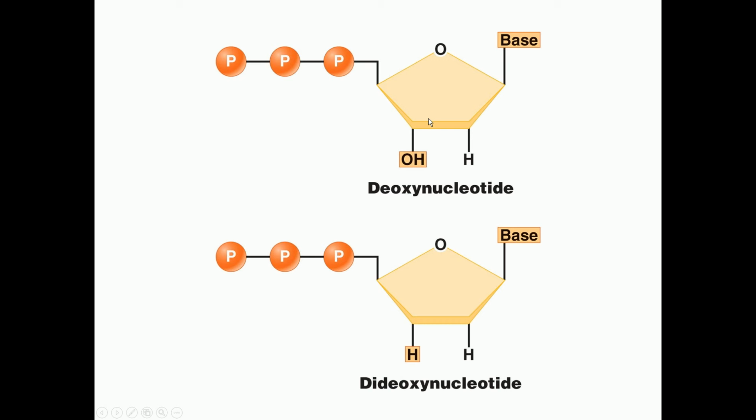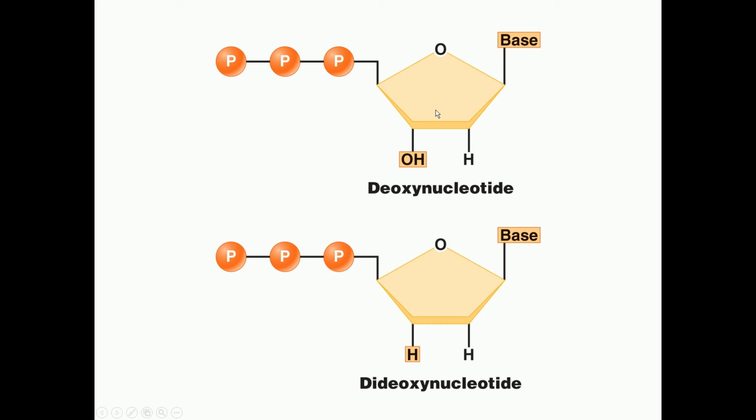If you remember, as I explained in the first lecture, a phosphodiester bond is formed between two nucleotides. It is formed between the 3' carbon of one nucleotide and the 5' carbon of the second nucleotide. Suppose this is nucleotide number 1, this is nucleotide number 2.